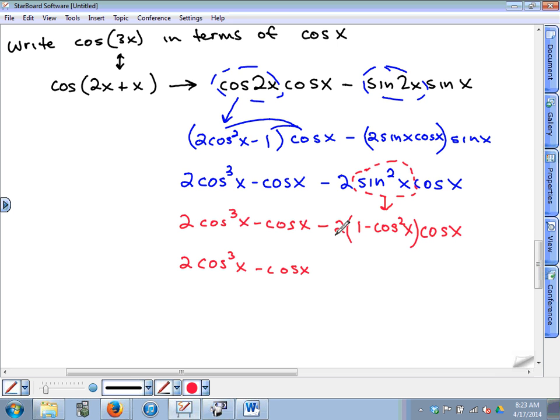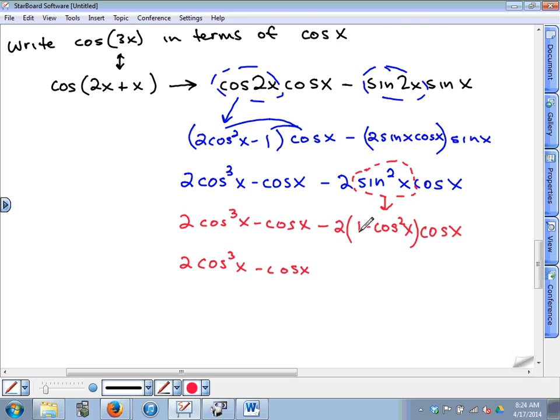Alright, look carefully at this, you guys, that I'm circling. This is kind of unusual, but we have a set of parentheses with terms on either side. What do we need to do with both of these terms on either side of the parentheses? We've got to distribute them. The 2 has to distribute, and the cosine has to distribute. So if we can do this all in one glorious step, the 2 distributes, and the cosine distributes to this term.